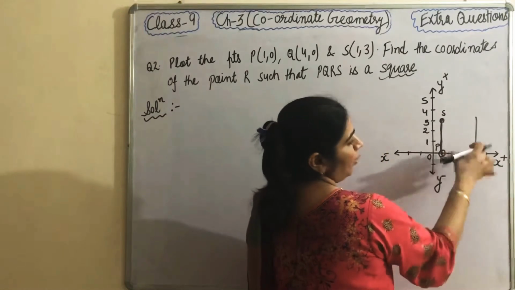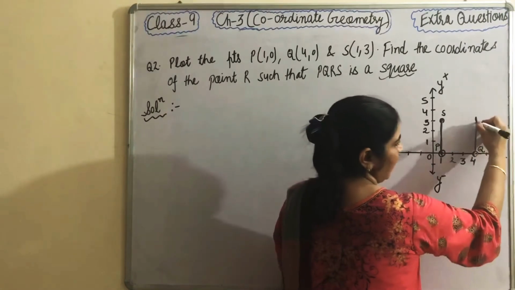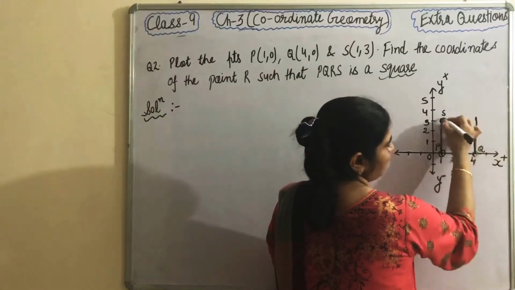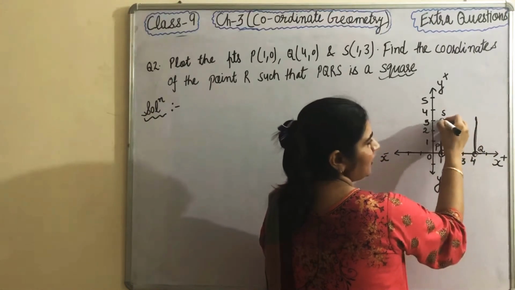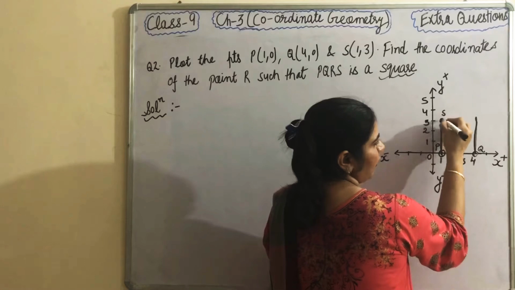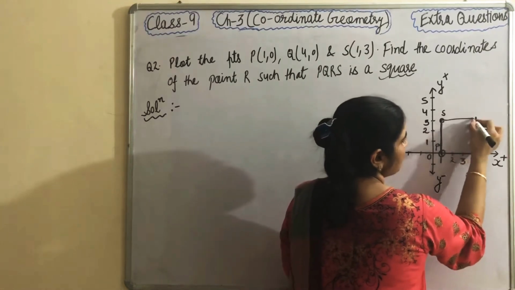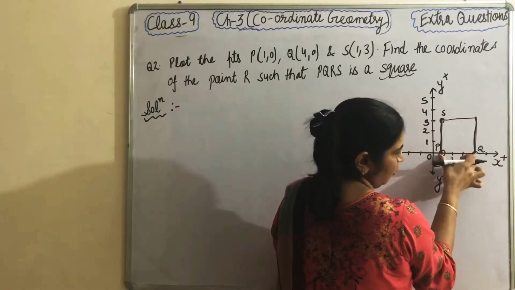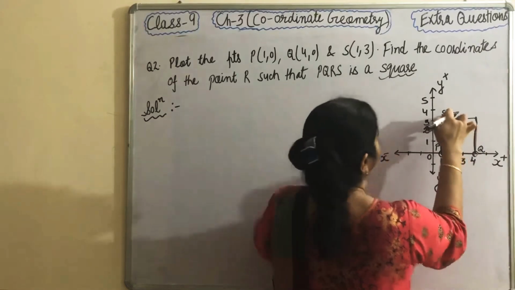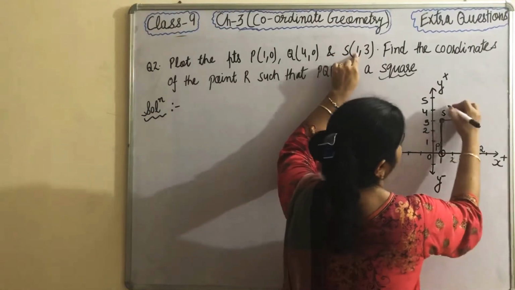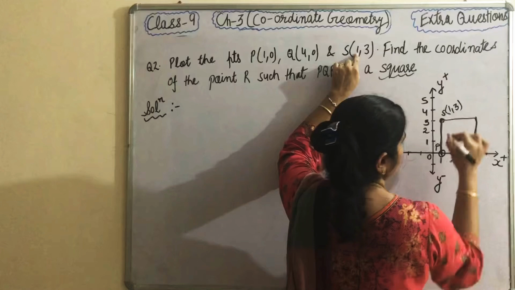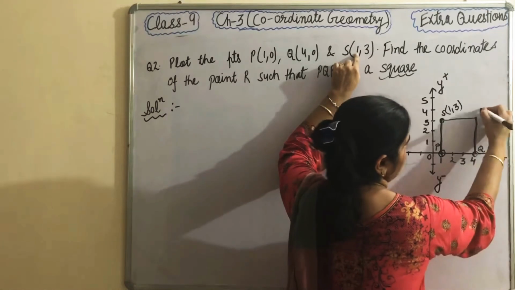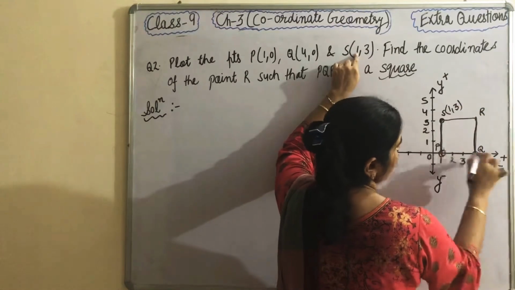Now we take the other side also. With S as the point, we will draw a line which is parallel to PQ. I am writing the coordinates of S as (1, 3). So PQRS is a square.